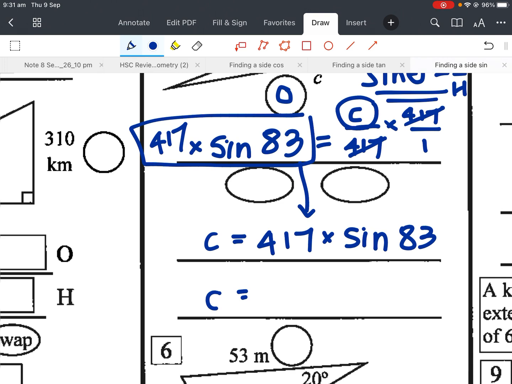So 417 times, or don't press times, just press sine, and then 83, and I get 413.8917.